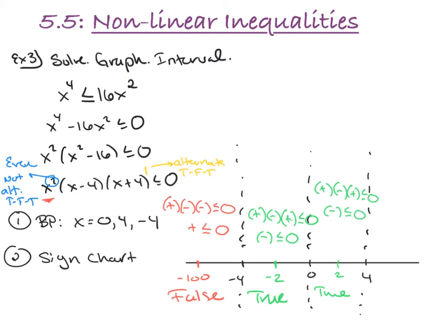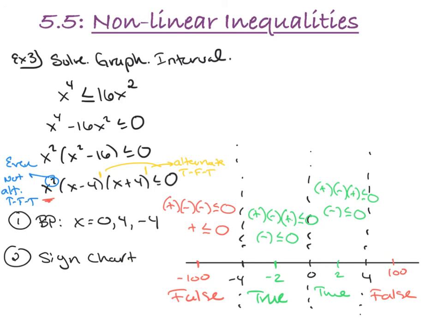And then finally, x equals 4 comes from the x minus 4. Since it, like the x plus 4, has an odd exponent, it should alternate the trues and falses, so it should go back to false. But if you want to verify that, pick a number for x, plug it in, and verify that you get false.